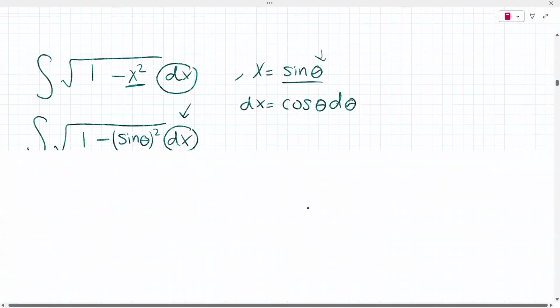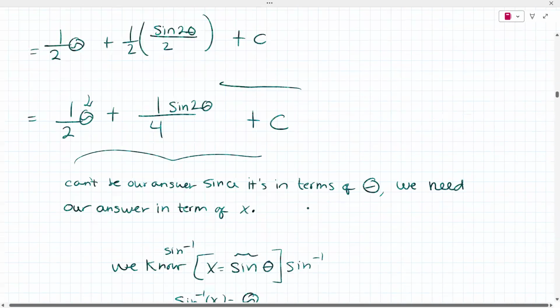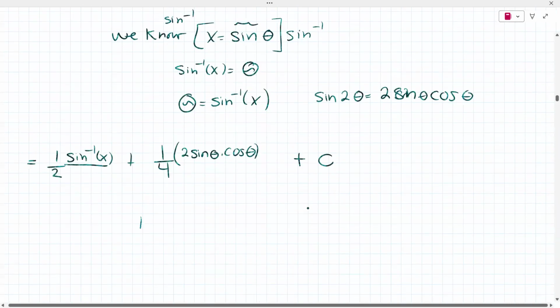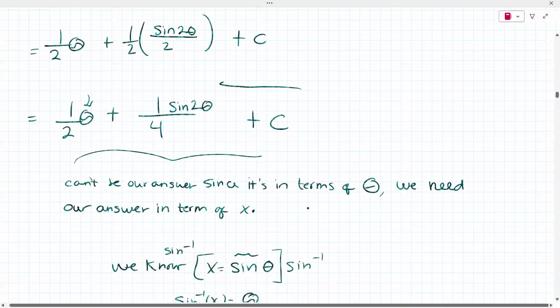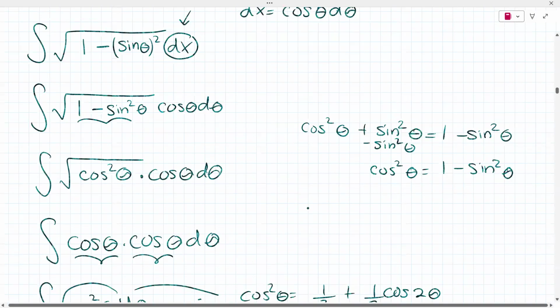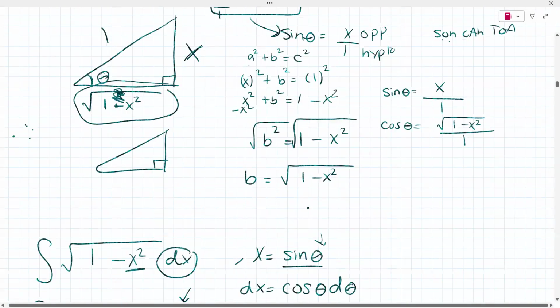Okay, so we're going to put that back into here. You're going to replace sine theta with, what was my sine theta? It was x.